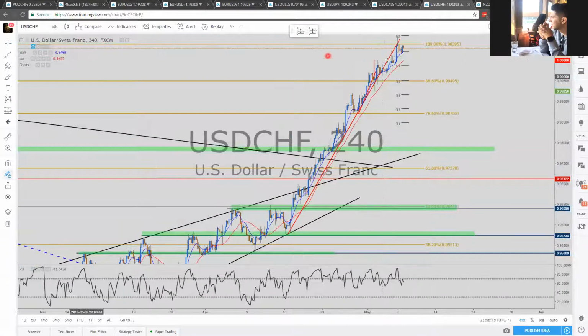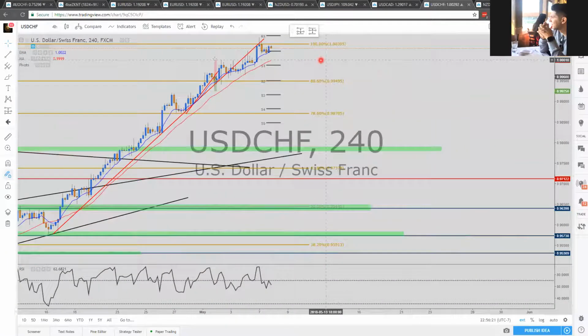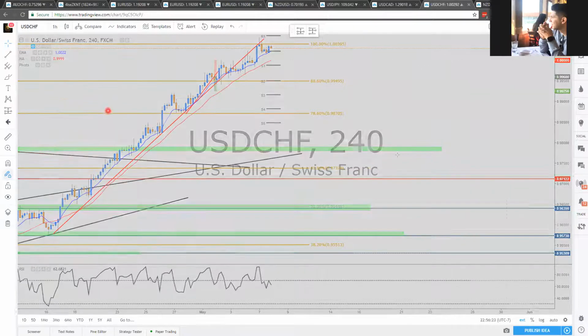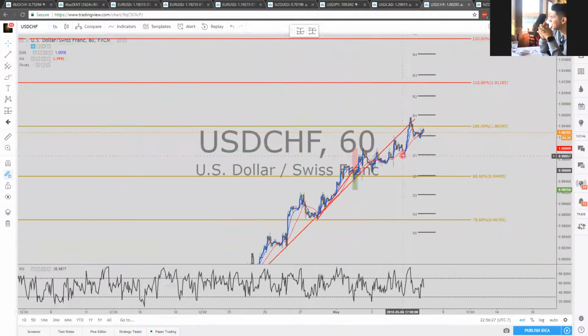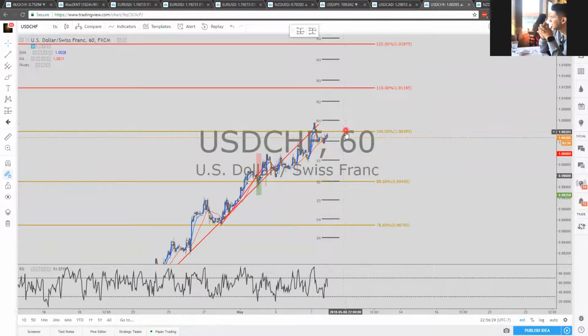And it's also at a resistance line. So right now we're noticing it might be forming that double top or a triple top before doing the reversal.